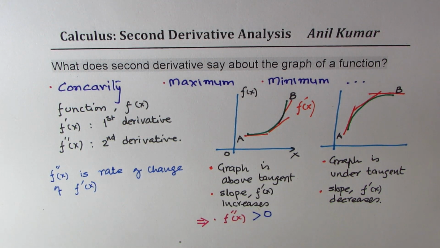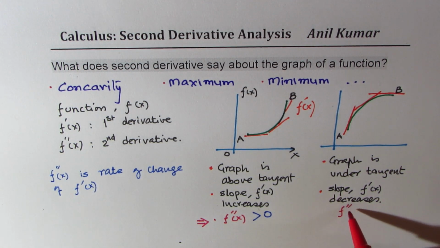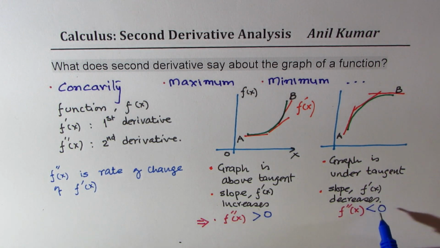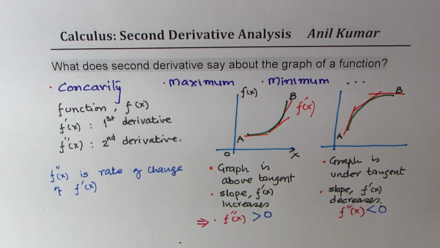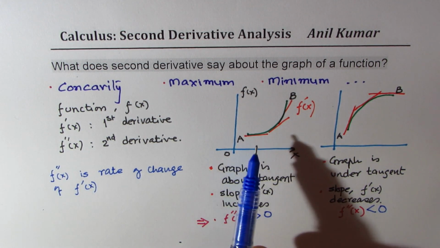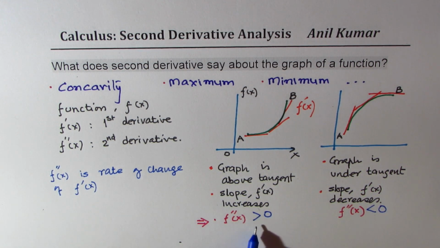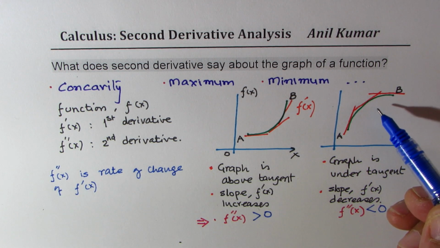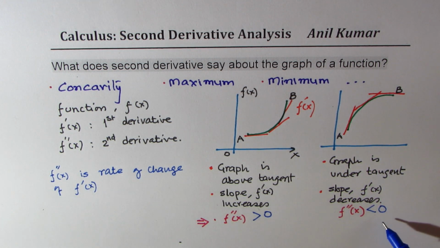And in the second case, the second derivative should be less than 0, right? So we have done no calculations, but that is what we can infer from the simple sketch we have made. Perfect. So in case 1, the second derivative is greater than 0. In the second, since the slope is decreasing, the rate of change is also decreasing. Perfect.